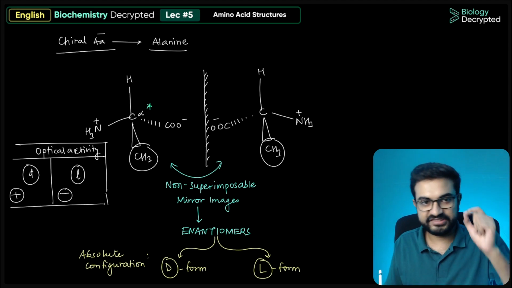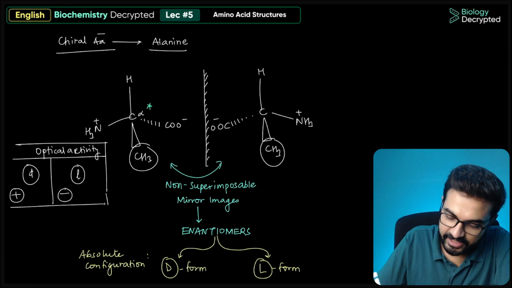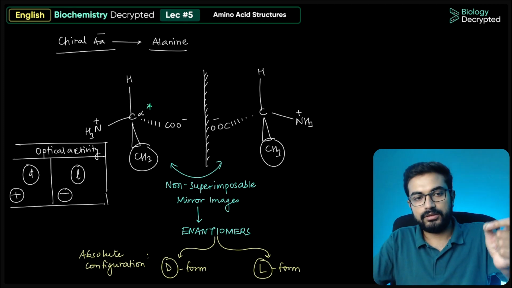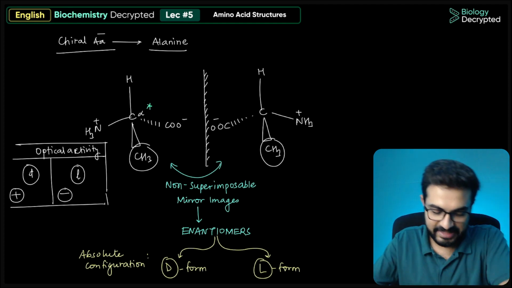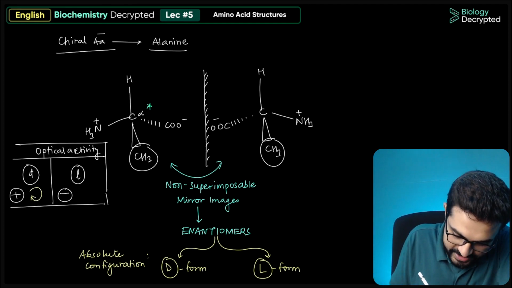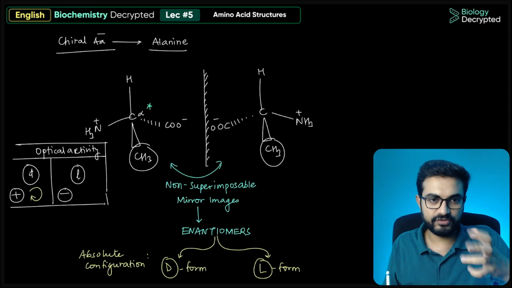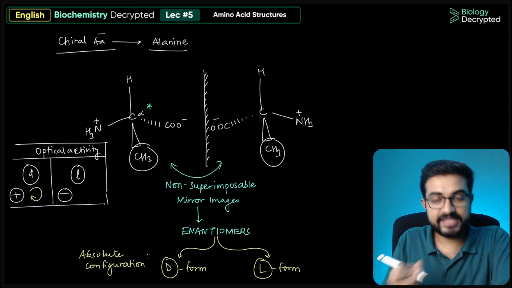Whenever it is dextrorotatory, it rotates the plane polarized light in a clockwise direction, or it is also represented by plus. That is, the values will be in plus. So that is an example of dextrorotatory.